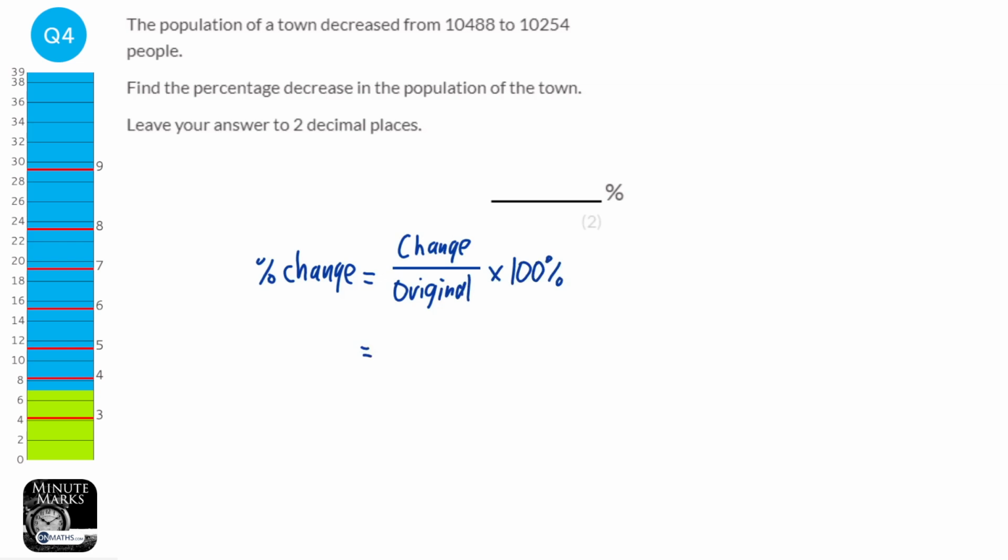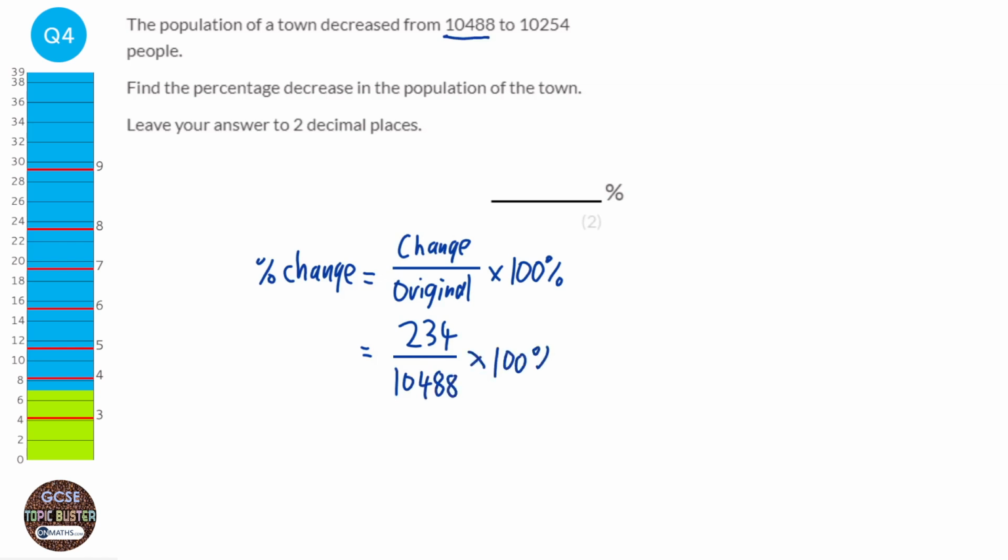Well, we need to do 10,488 take away 10,254, so that would be 234. Divide it by the original, so the original was 10,488 because it's decreased from that amount, and then times by 100%. And so that's going to be 2.23%.